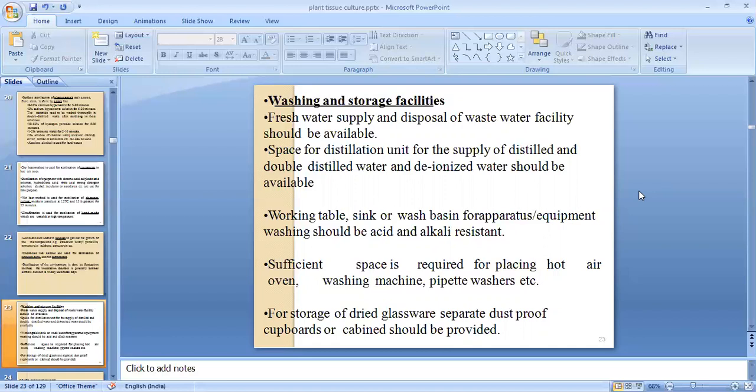And sufficient space is required for placing the hot air oven, the washing machines, pipette washers, and other equipments. And for the storage of dried glasswares, separate dust-proof cupboards and cabinets should be provided.